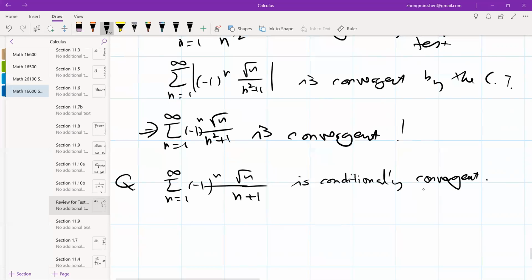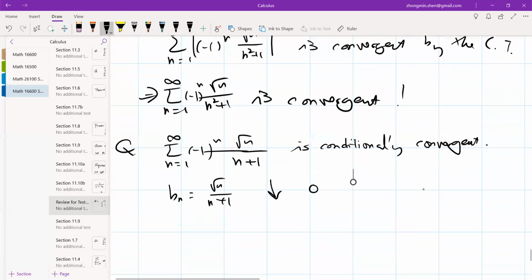It's convergent, but not absolutely convergent. How do I see that? Well, I believe this b_n plus 1 is still convergent, decreasing to 0.